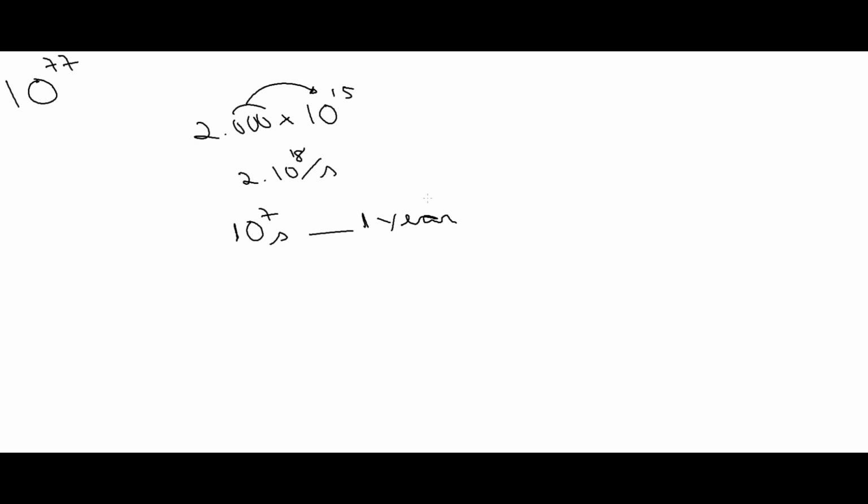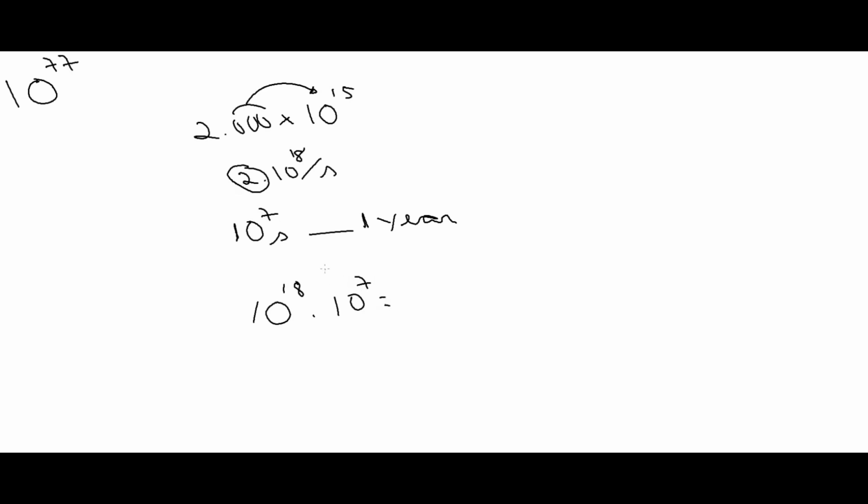Year. So we multiply both. Let's ignore the number 2 because it doesn't represent much in this calculation. It's 10 up to 18 multiplying 10 up to 7.